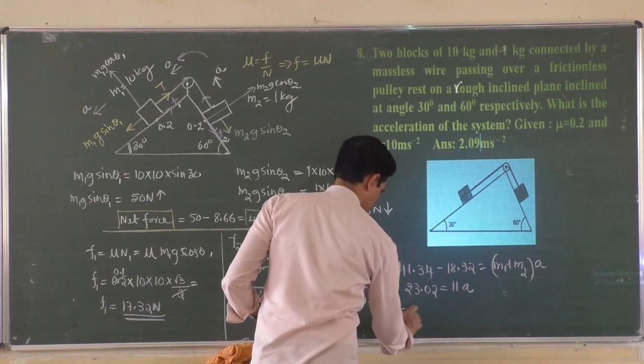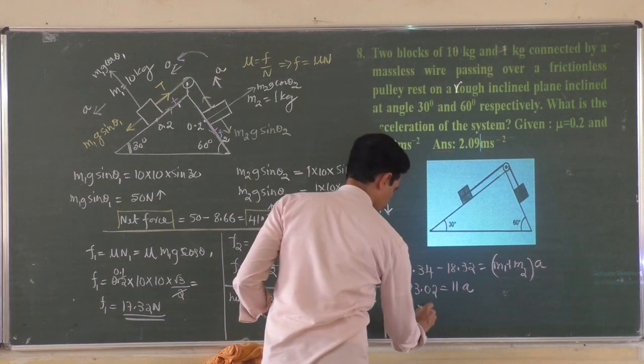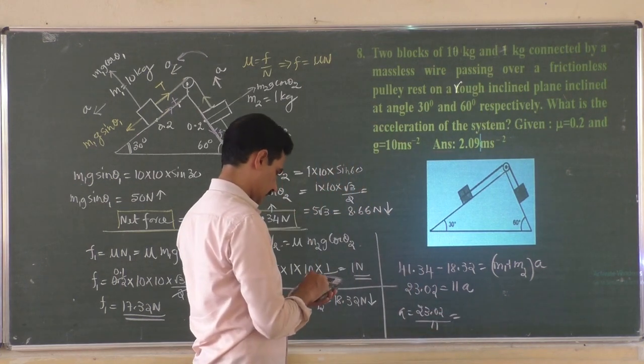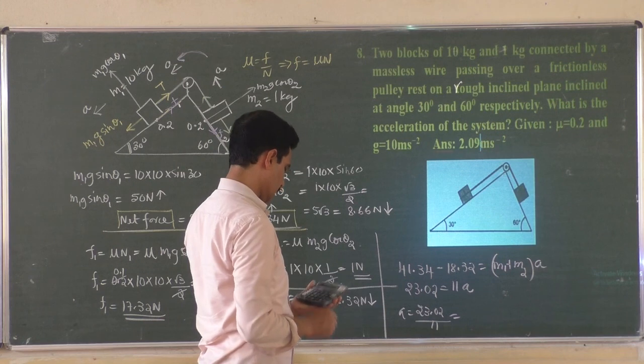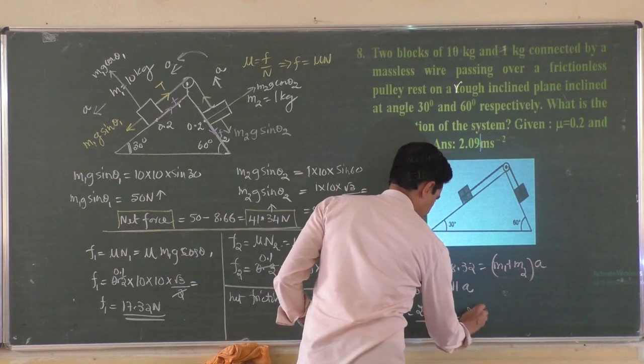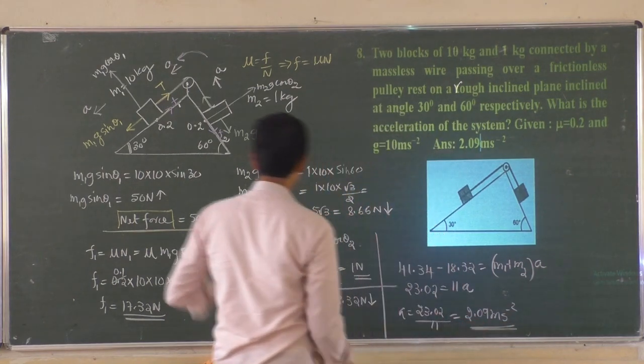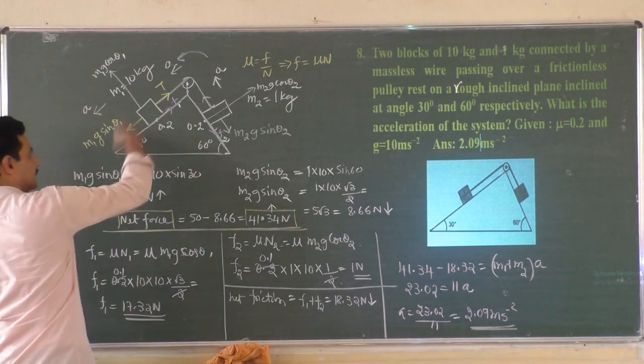What is A? 23.02 divided by 11 is 2.09 meter per second square. That is the acceleration in the anti-clockwise direction, like this.